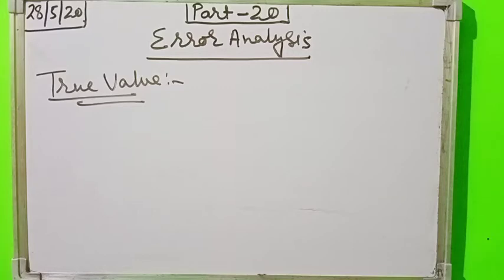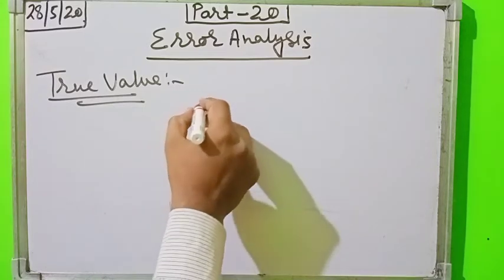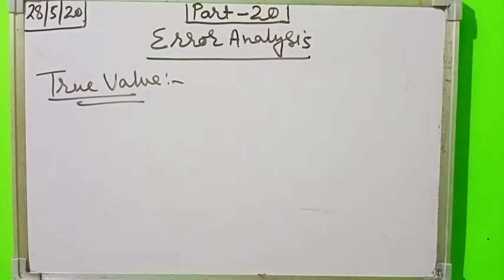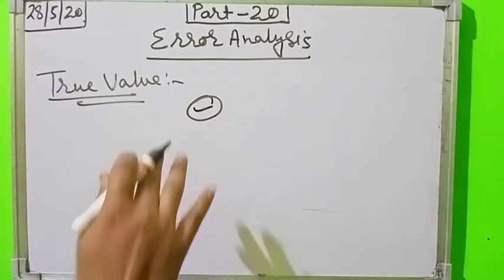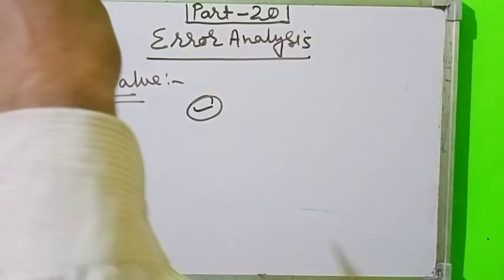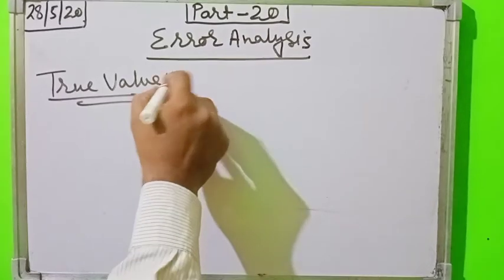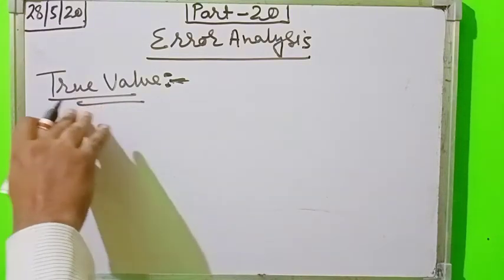Now madam visited that place, and after seeing that object, she said the picture of student number 3 is quite close to the true picture, or the actual picture, or the picture drawn by that student is for the true value.